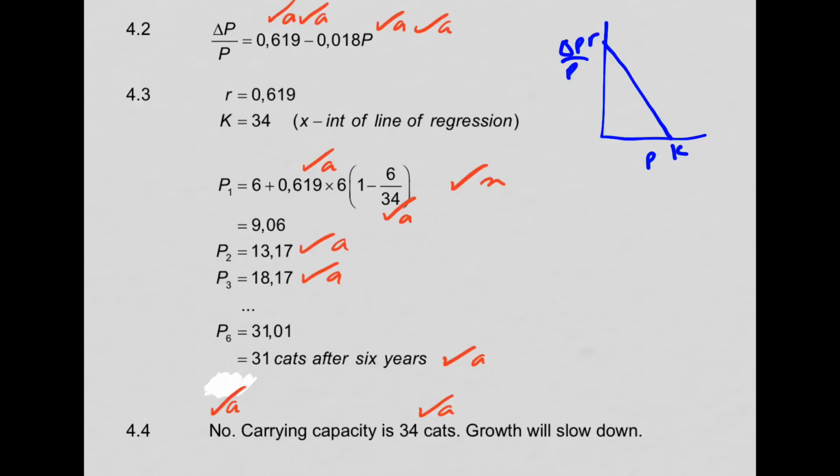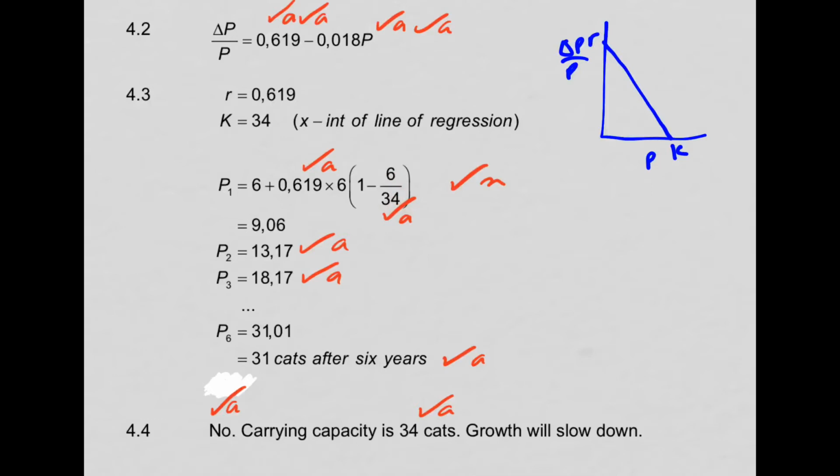All right, so into our logistics curve, we have our initial population of 6 cats, and so there's our 6 cats, the initial population, plus R 0,619 times that population of 6 cats, and into 1 minus the population over your carrying capacity.